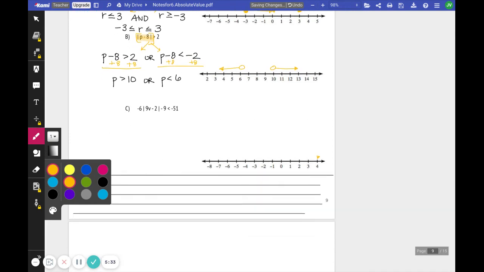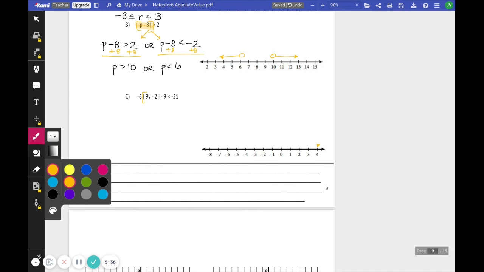Okay, very last one. This one's got a lot more going on. If you notice, your absolute value is not alone yet. We need to isolate it. So we're going to add 9 to both sides. And then we do not distribute into absolute value.